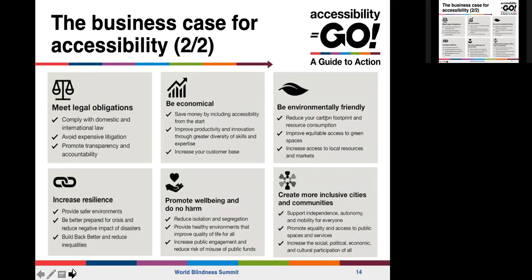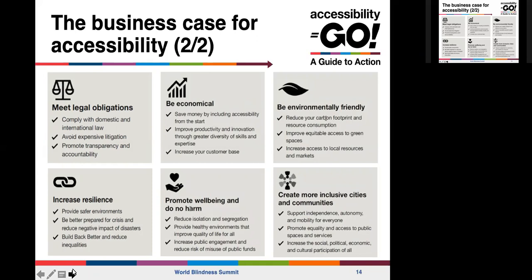And putting accessibility at the heart of our communities and how they are developed will increase our independence as persons with different disabilities, our autonomy, and the possibility that we can actually enjoy the right of equal access to public spaces and services, participate in our communities and have a voice in how they are developed.